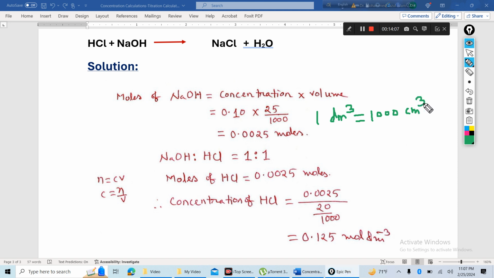So any cm³ value divided by 1000 will be converted to dm³.